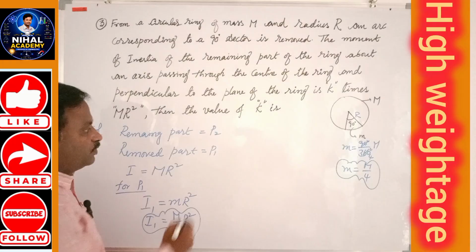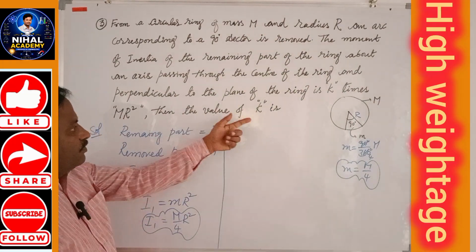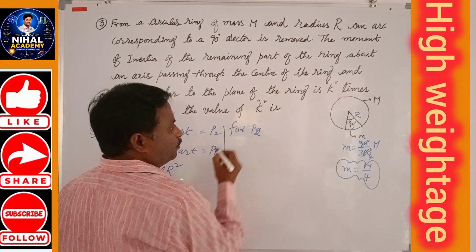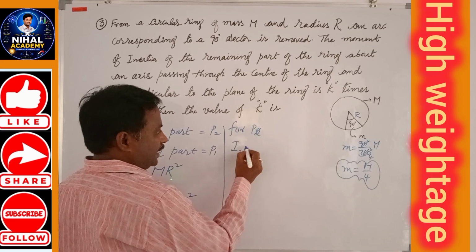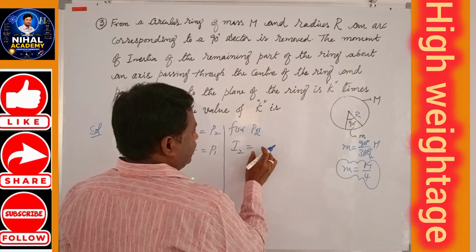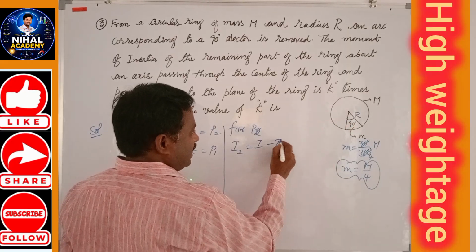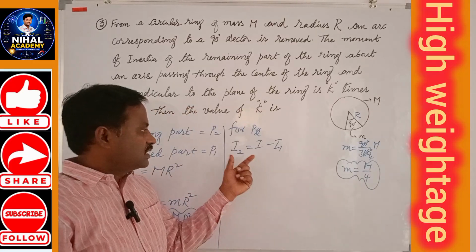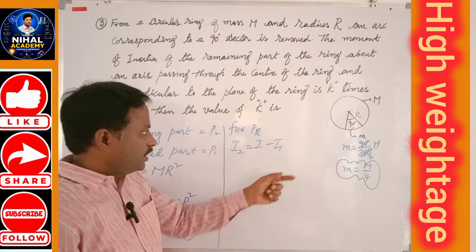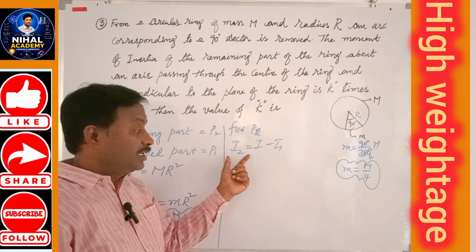So we calculated I1. Now we have to calculate the k value for P2. For P2, the moment of inertia I2 is equal to the moment of inertia of the full circle I minus I1. That is, the moment of inertia of the full circle minus the moment of inertia of the sector gives the moment of inertia of the remaining part, I2.